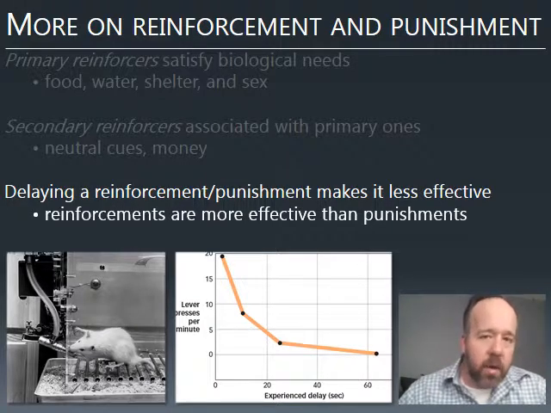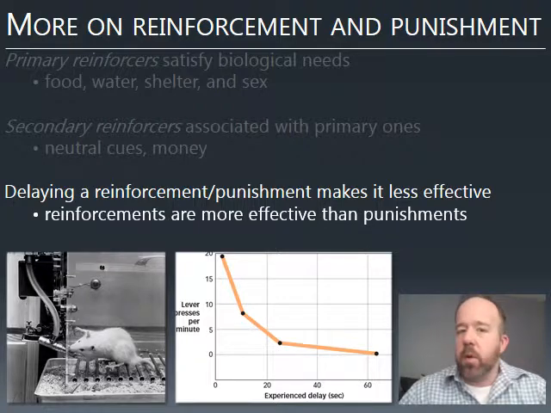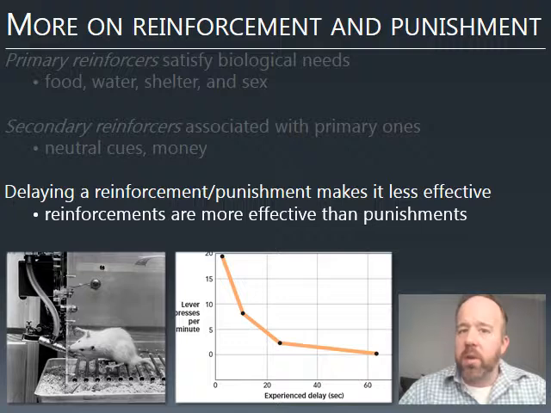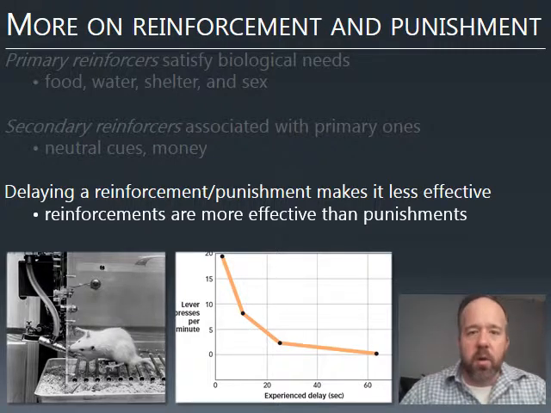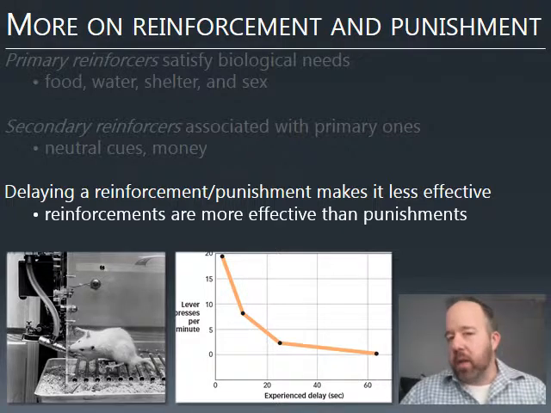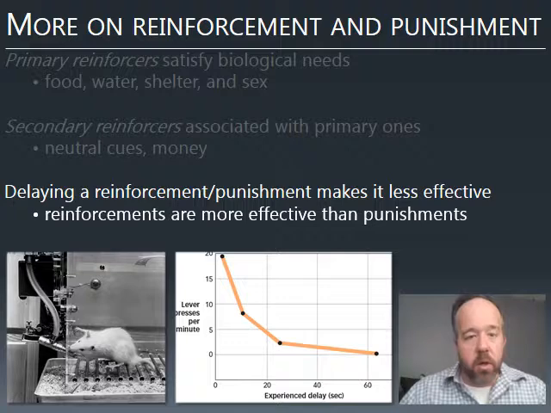However, with a punishment, the animal is effectively being told what not to do, but isn't being instructed as to what to do. It doesn't know what behavior to exhibit. So a behavior might be less likely, but it's not nearly as effective as actually being reinforced for a behavior because, again, there are so many possibilities for what to do next. The animal may exhibit the same behavior it was just punished for.